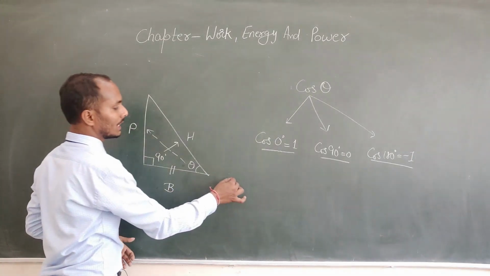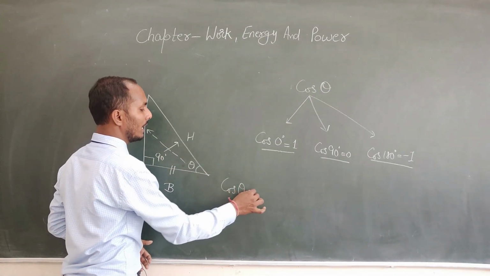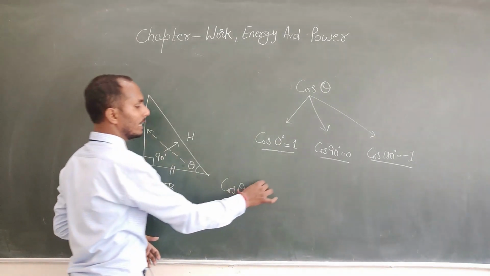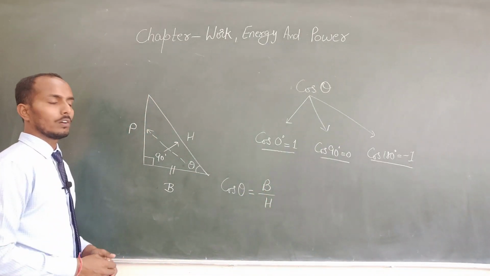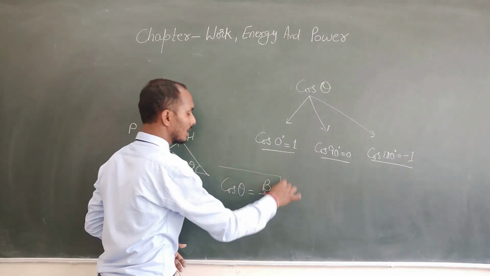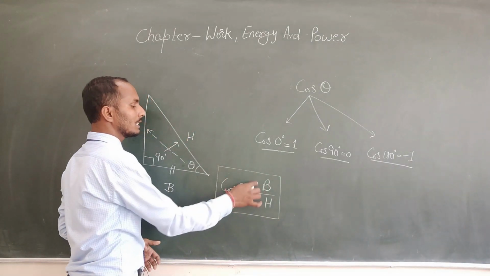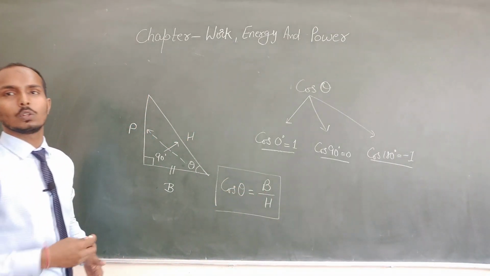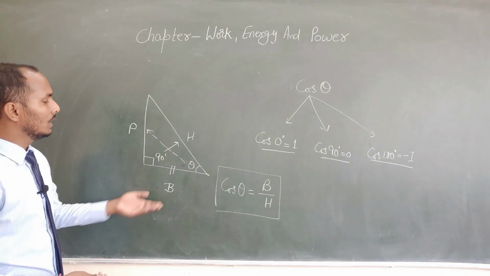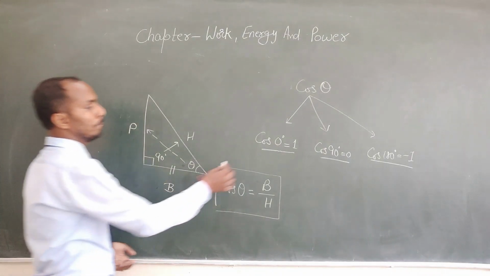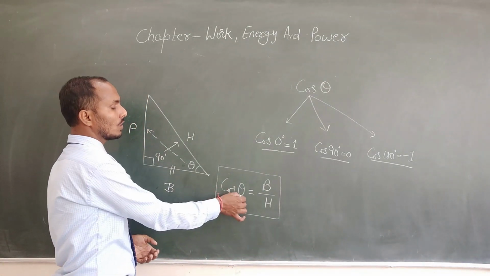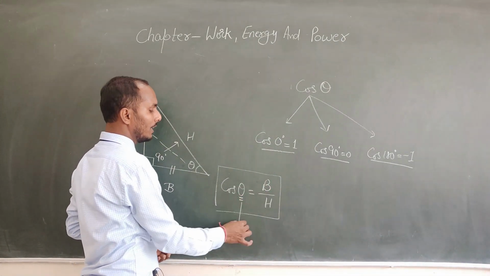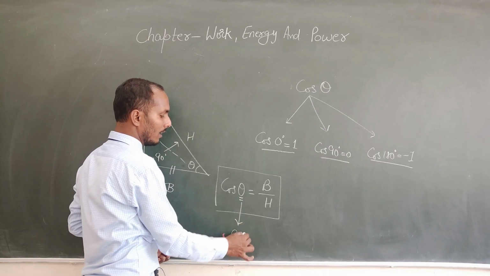So what is cos theta? Cos theta is simply the ratio of base and hypotenuse. This ratio is known as cos theta. Theta is an angle.